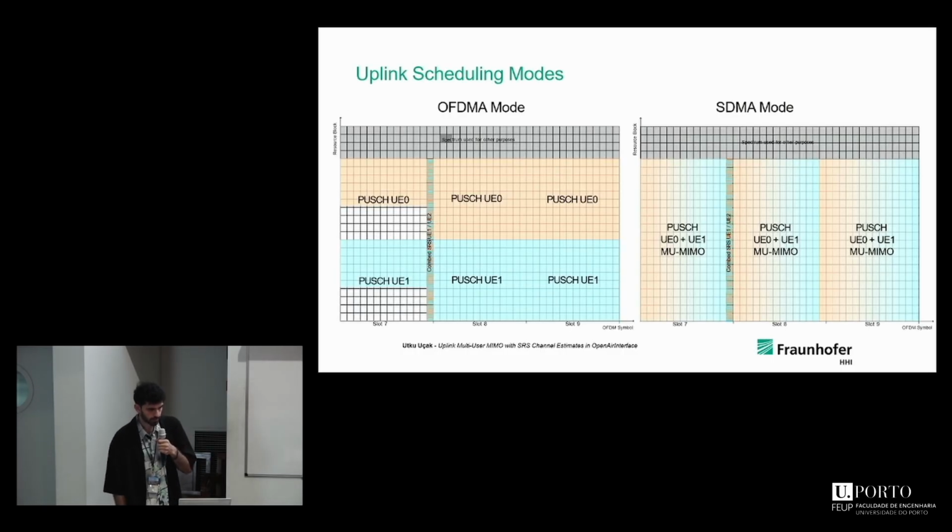And we have the scheduling modes. The vector graphics did not go well with the PDF conversion, but the idea, I think, is visible, where you have two modes of scheduling: the classical OFDMA mode and the SDMA mode. The OFDMA mode is the vanilla scheduler of OAI, where the resources of the two users are scheduled orthogonally.